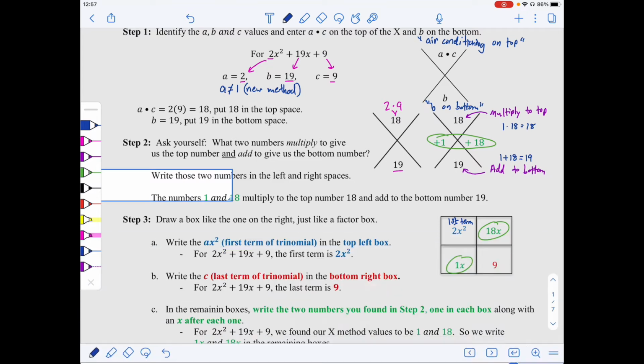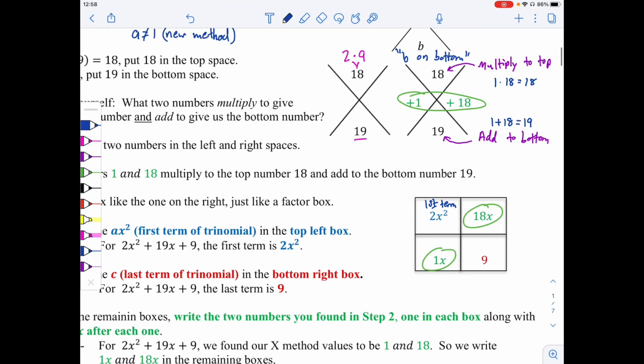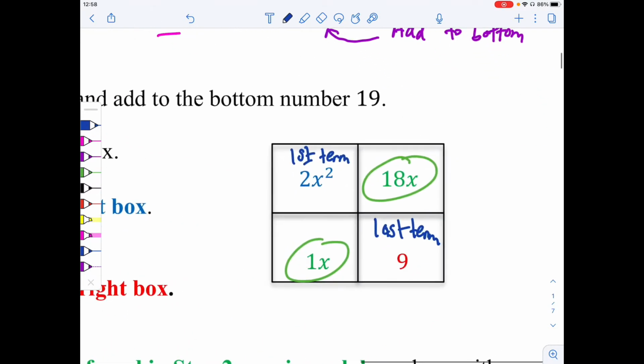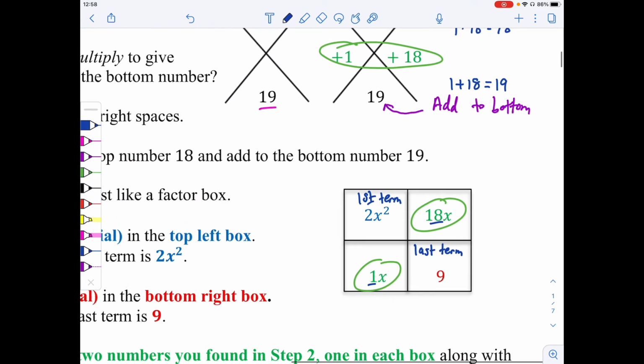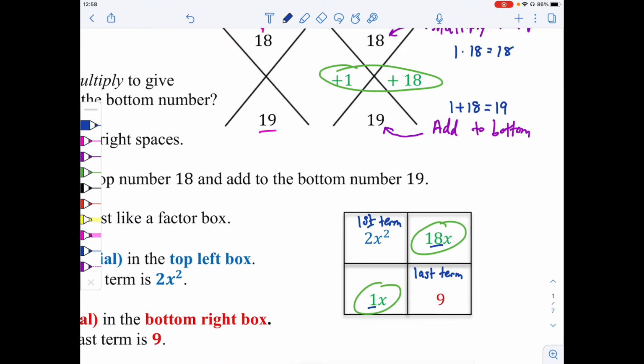This is the last term on the bottom. And then we have our two factors with an x, 1 and 18 that we found using our X factor.